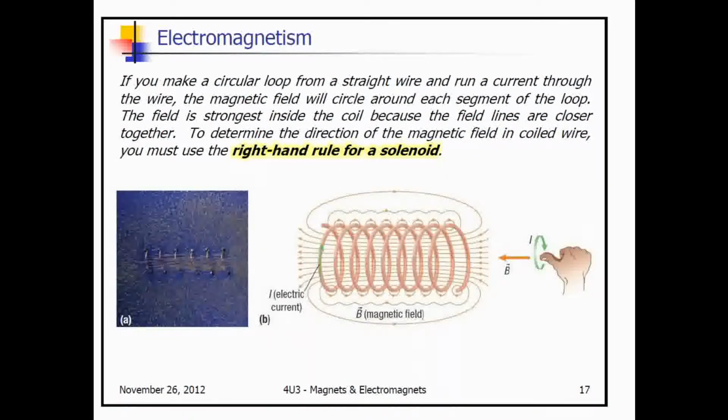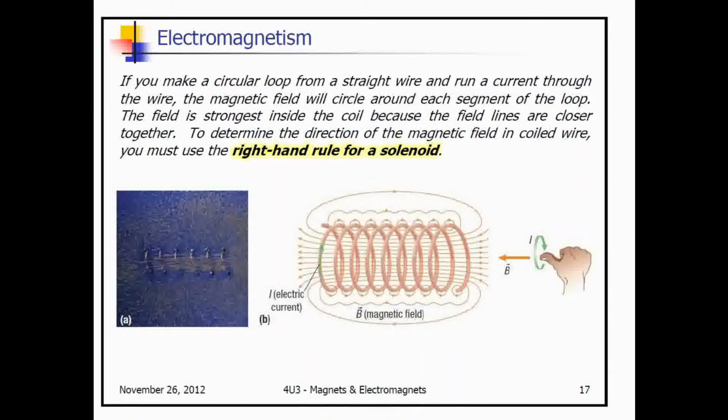We also have the right-hand rule for solenoids. Now, a solenoid is a coil of wire. If we wrap a conductor around in a coil, what we would essentially be doing is directing the magnetic field.